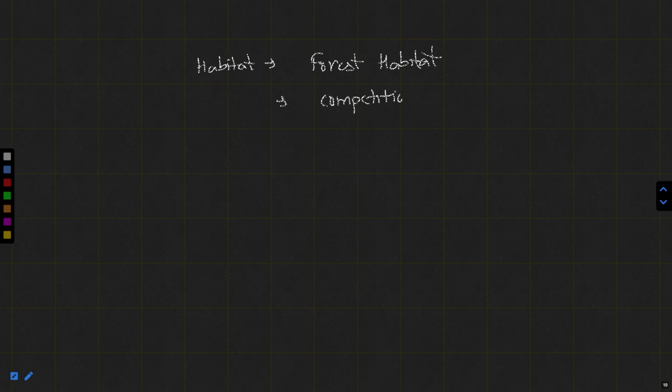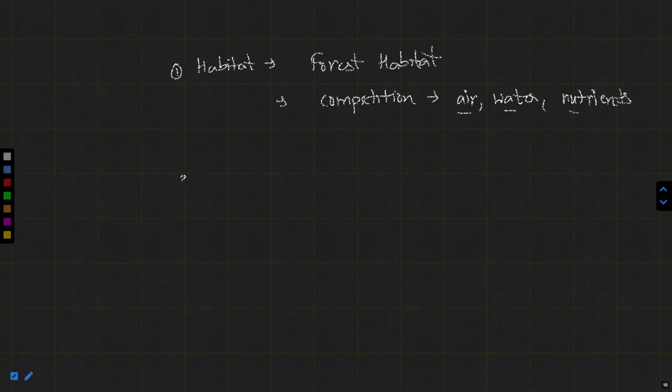There is competition for air, water, nutrients. So if the plant is able to tolerate all these challenges, so it has traits which allow it to tolerate all these challenges, then those traits will be favored. All right, so this was the first condition.